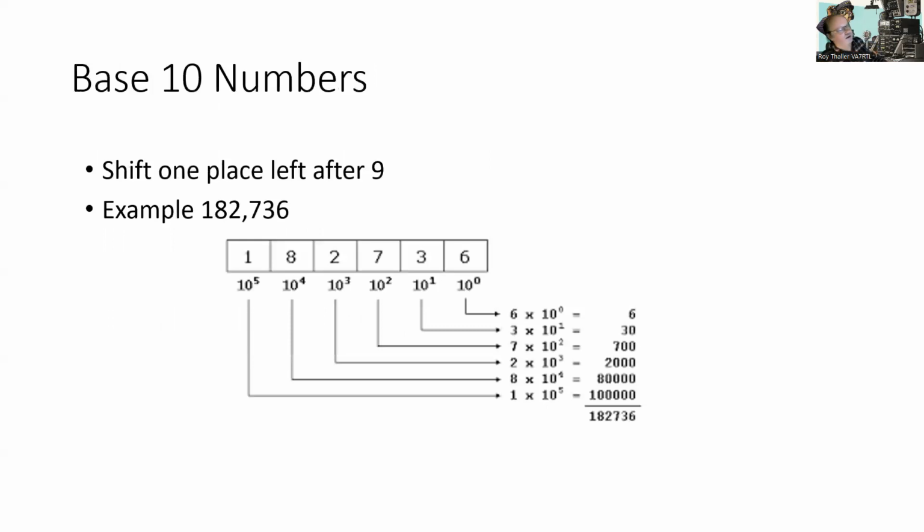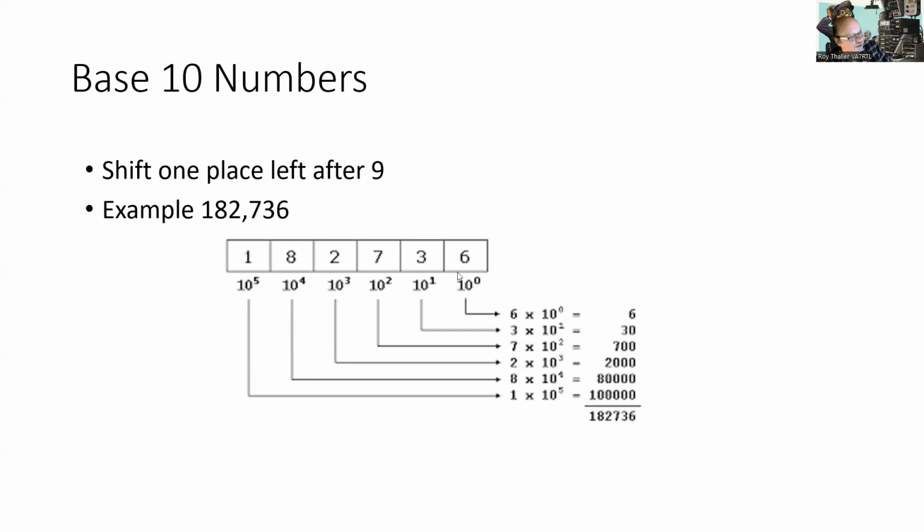So now we're going to talk a little bit about numbers. Everyday numbers are in what's called base 10. So that basically means you count up to 9, and then after 9 it becomes 10.